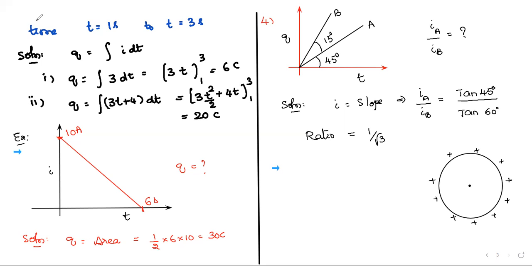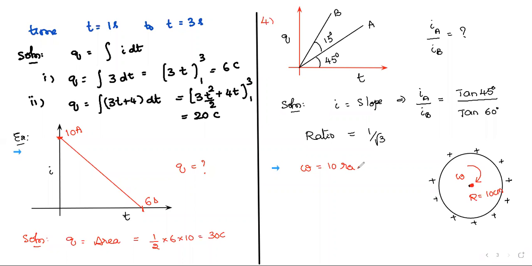In this case, the radius is given as r equals 10 centimeters, and the ring is rotated about the center, which is the axis of rotation, with some angular velocity omega equal to 10 radian per second.